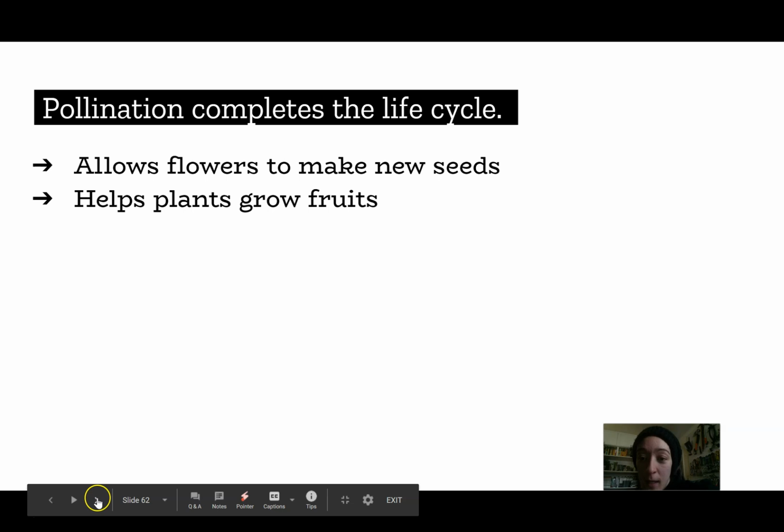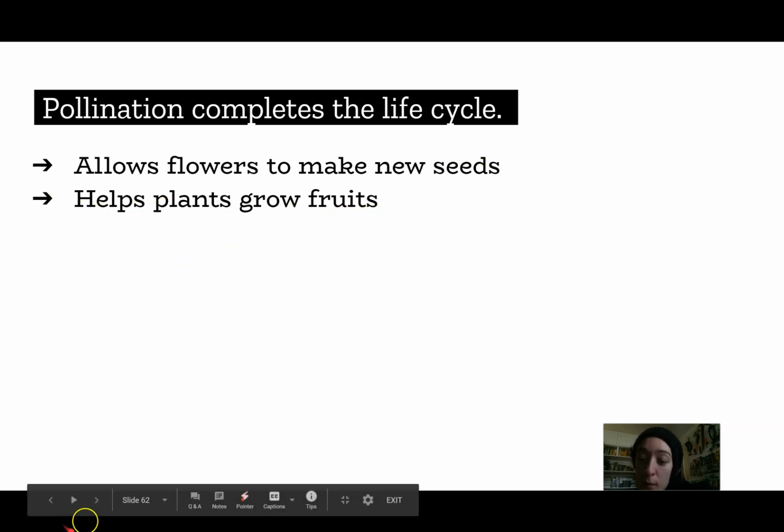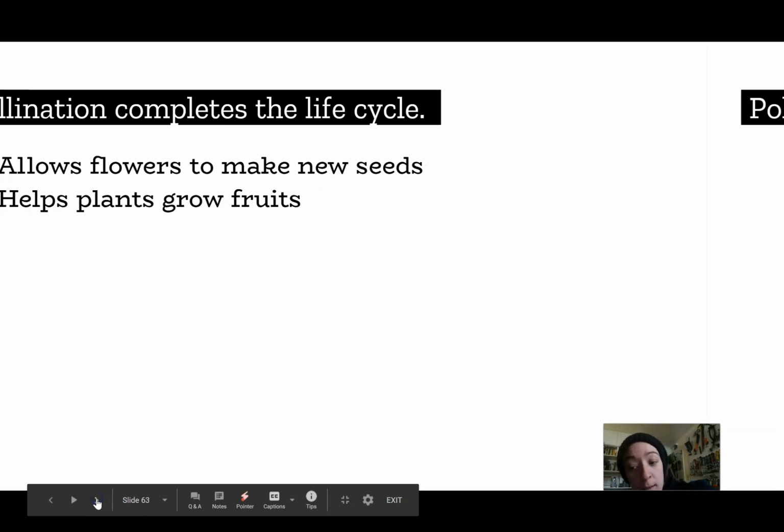So there we go. That about wraps up our life cycle. Oh, last thing is that pollination not only is allowing flowers to make new seeds, but it's also helping plants grow fruits. So plants grow fruits in order to protect the seeds, and seeds don't happen unless the plant gets pollinated.